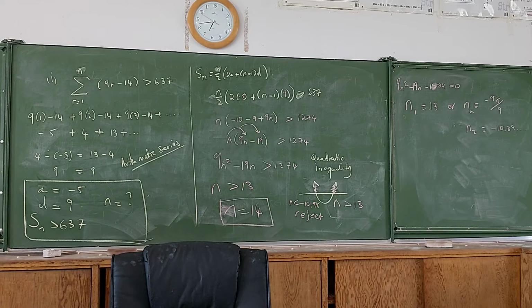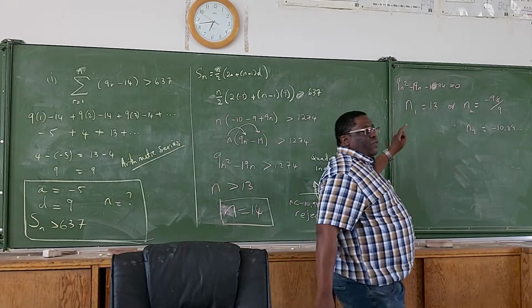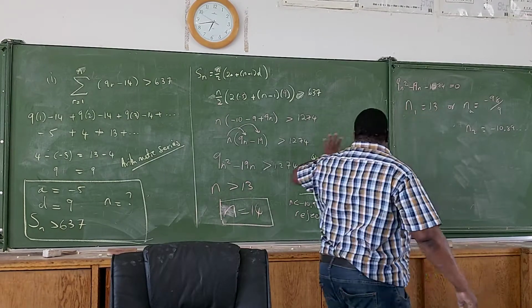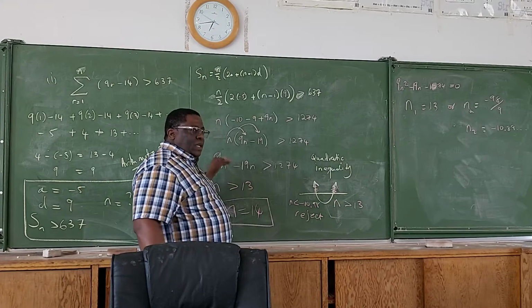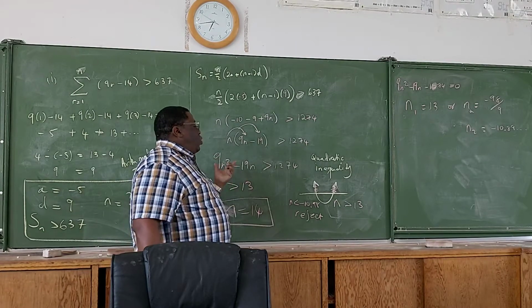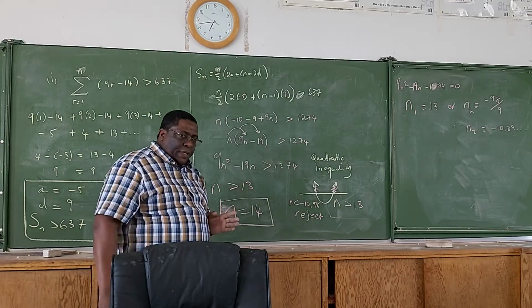Do you see how your knowledge of quadratic inequalities comes into play here? The negative you already reject, but you can't now say, because you made it an equation, therefore n is equal to 13. I made it an equation knowing that I'm dealing not with an equation originally, but with an inequality. So I had to sketch so that I can see what my solutions are going to be.